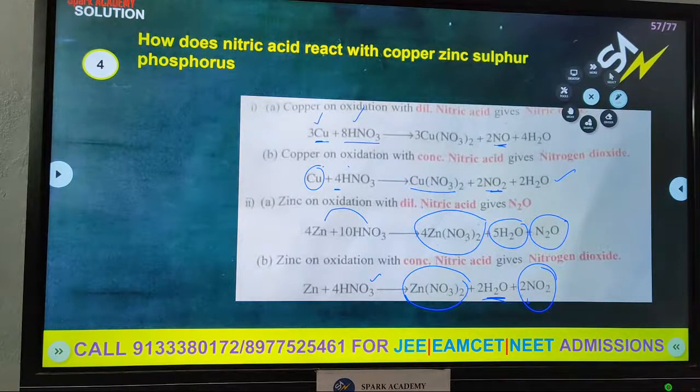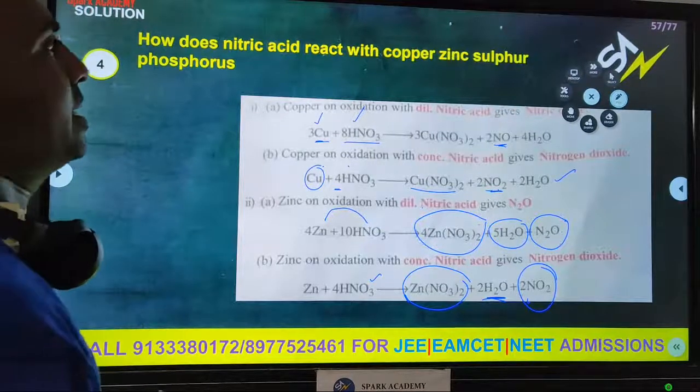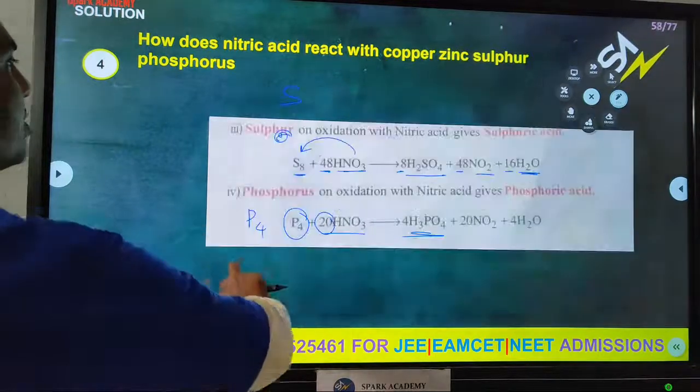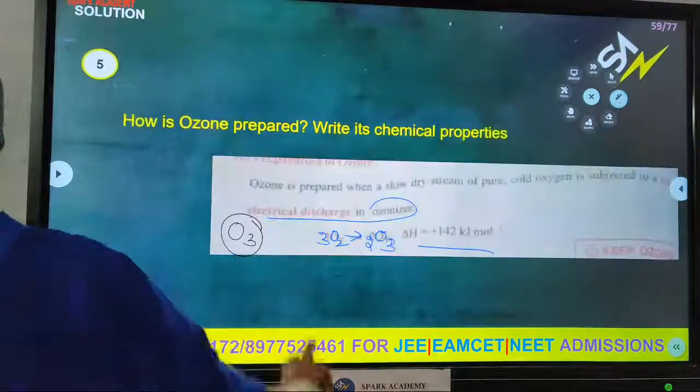How does nitric acid react with copper, zinc, sulfur? What is the first one? With zinc. Second is sulfur. Next, phosphorus.